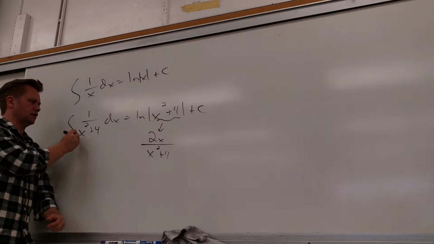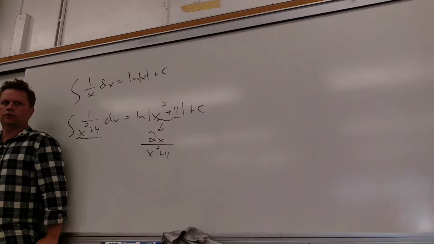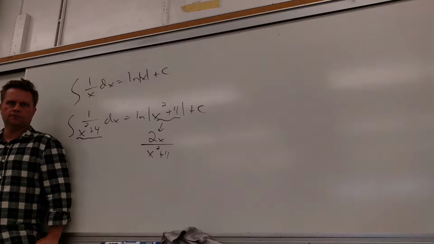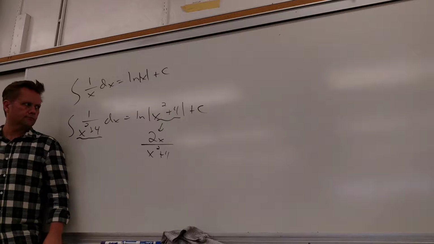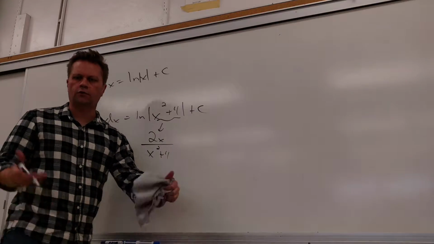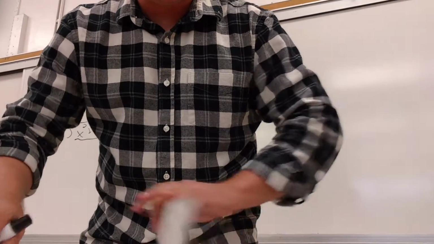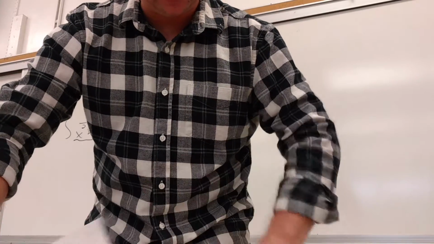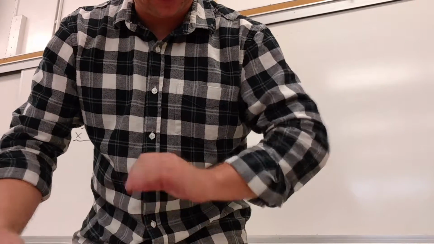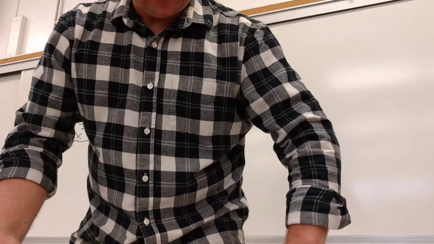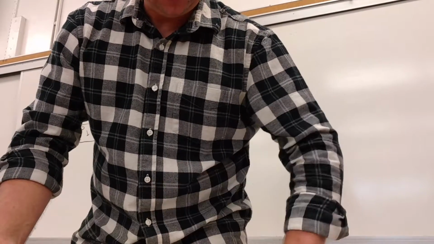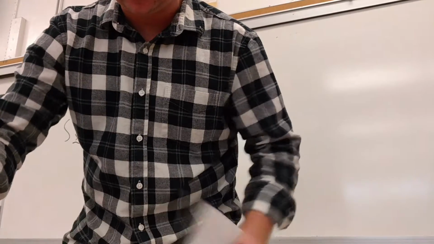So thankfully, this is actually based on one of the arc trig functions, right? And those are some of the ones I said you didn't have to memorize. Maybe it's in the next section.